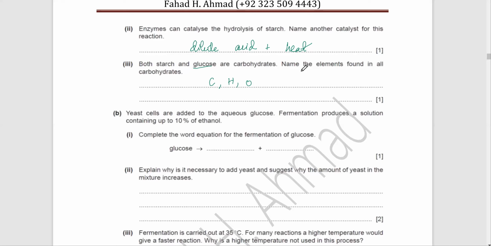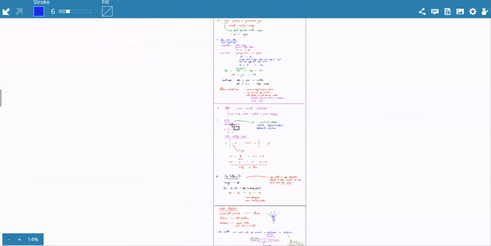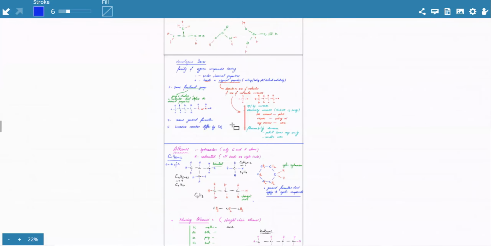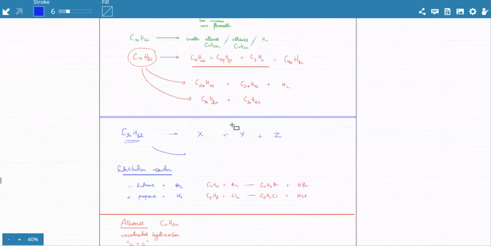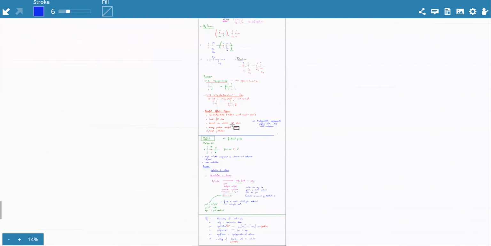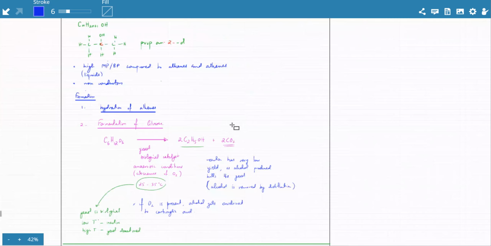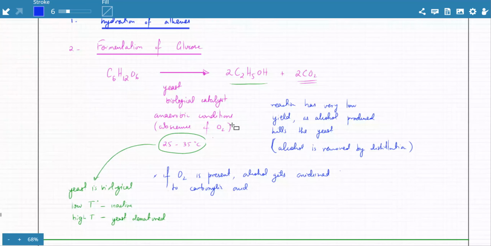So fermentation of glucose is this equation: you add yeast to glucose, and it forms ethanol and carbon dioxide.